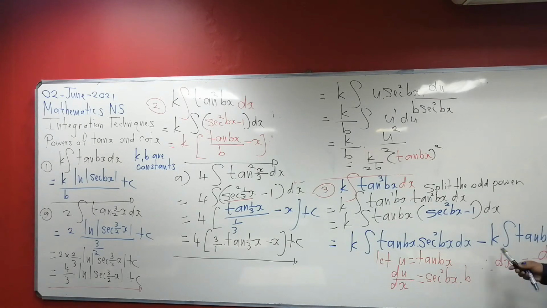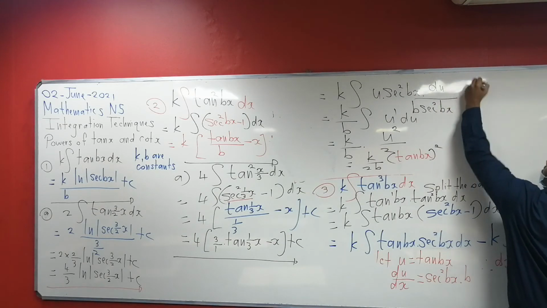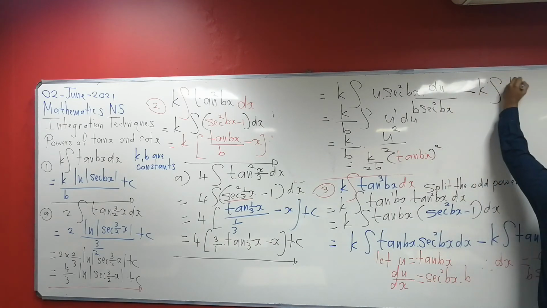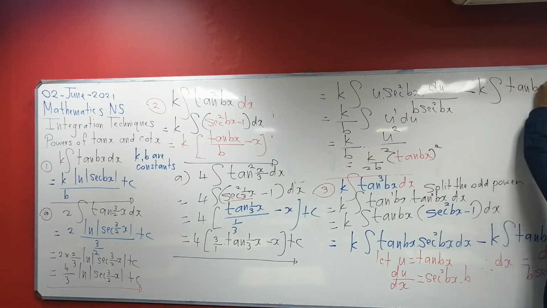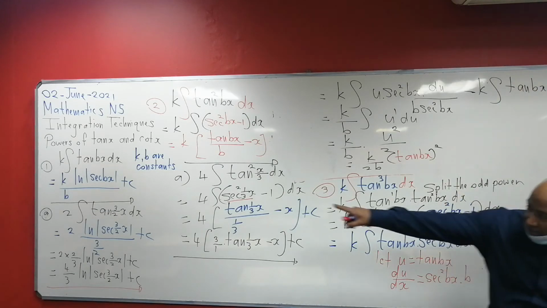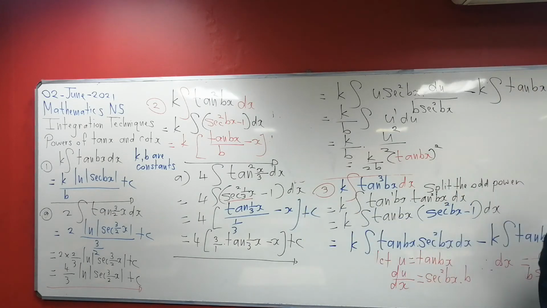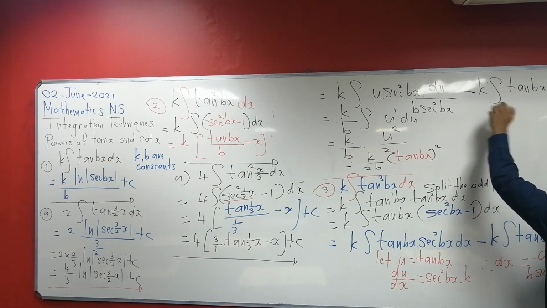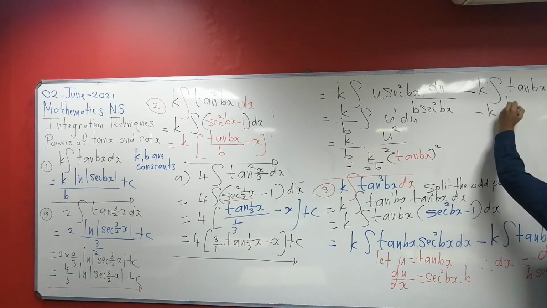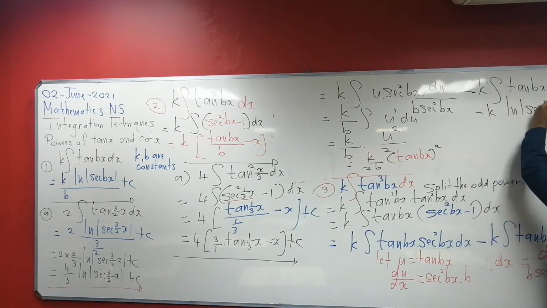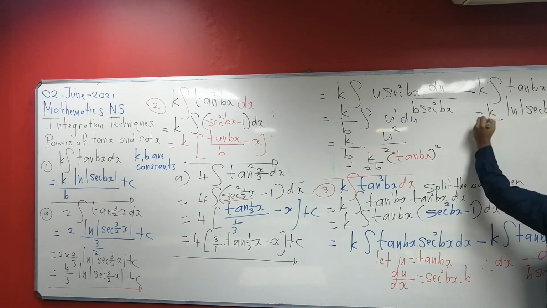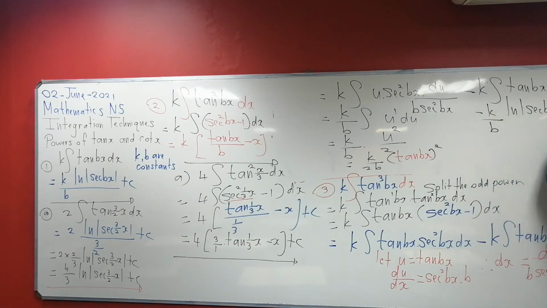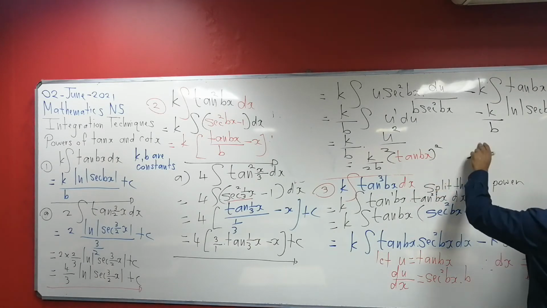Right, so don't forget term 2. We did not integrate term 2. Term 2 was the integral of tan bx, and this is a standard integral, number 1, which you will find on the formula sheet. Integrate tan, so that's going to be ln absolute value of sec bx all divided by b plus c, and you're done. So let me just copy it down here.